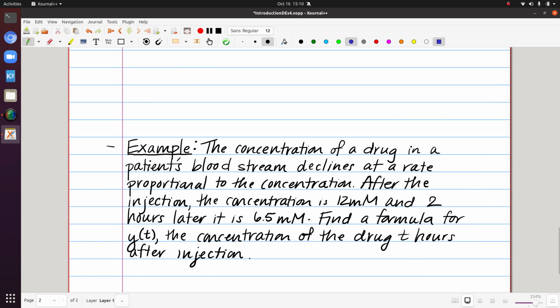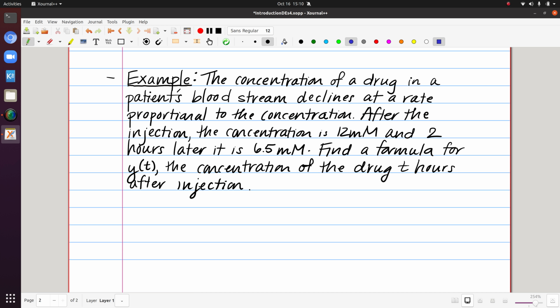And then finally, one last example that's a little bit different, and we're going to actually have a whole set of lectures devoted to what we call these word problems related to differential equations. So we're looking at blood concentration here. And there's a few key things that are going to allow us to set this up.